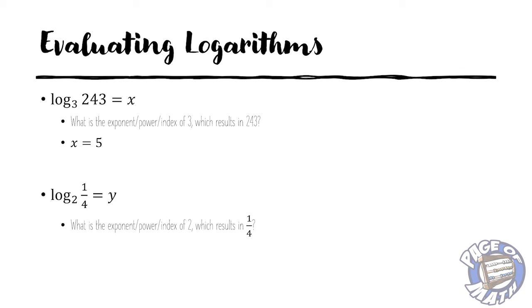So whatever logarithm we're looking at must be negative. So let's look at 4. 4 is when we square 2. So therefore, the logarithm we need must be negative 2. And this is how we evaluate logarithms.